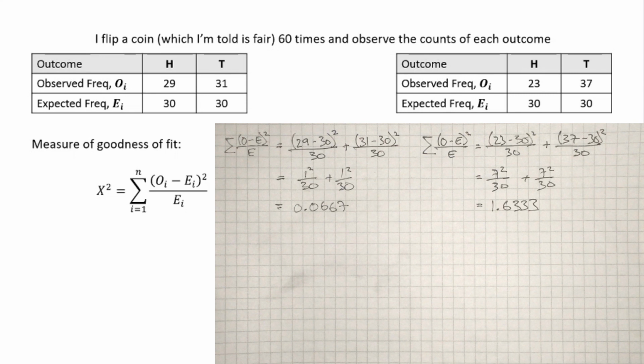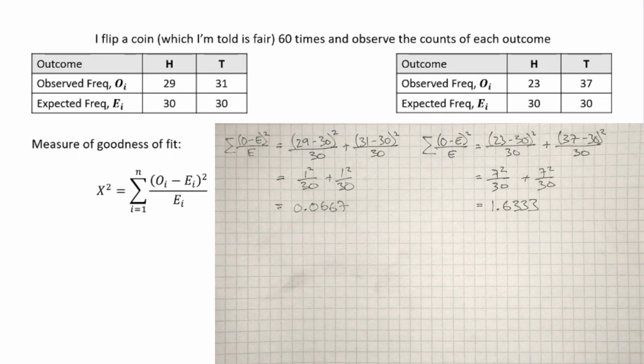Each contributing chi-squared component was quite small. On the right-hand side, where the difference from the expected value of 30 was larger, we had a larger chi-squared score. Each of them was 49 over 30, which is bigger than 1. So we're starting to see that we can calculate a chi-squared score and at least make some comparisons between two different observed data sets.